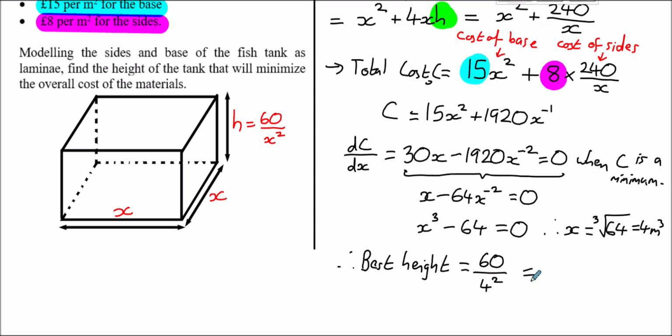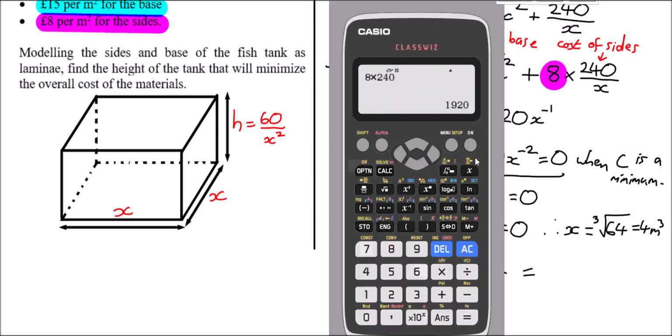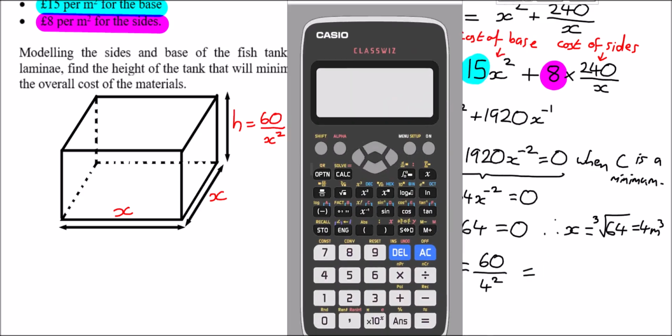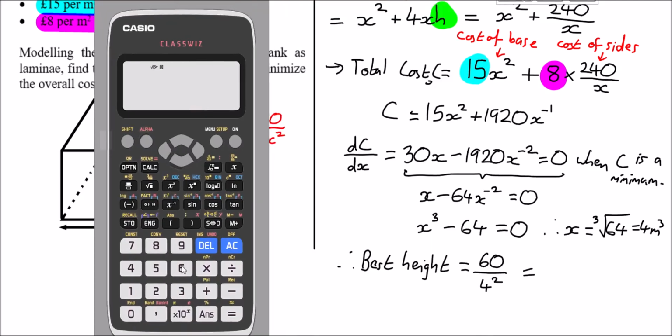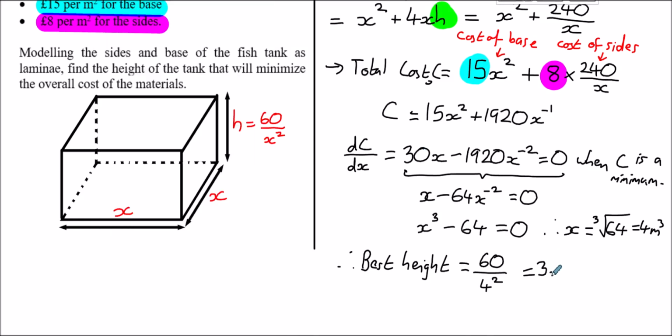So 60 divided by 4 squared, that gives us 3.75 meters. So that's the best height to minimize the cost.